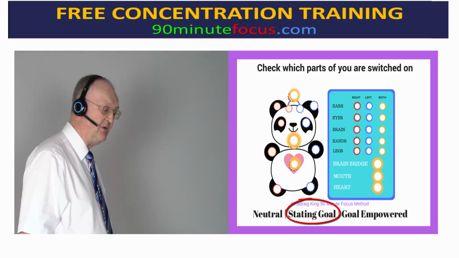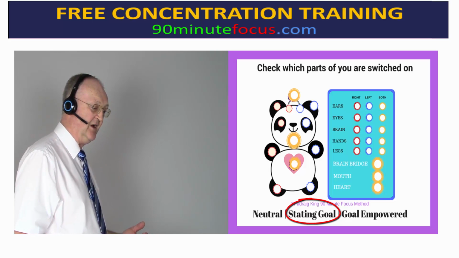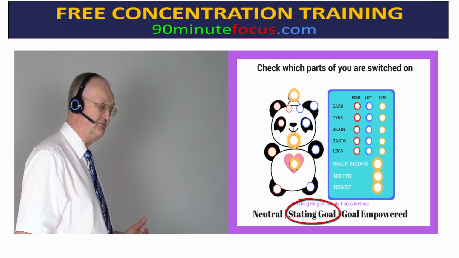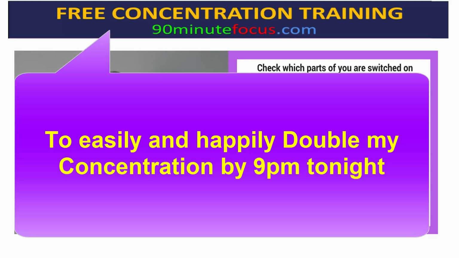But in spite of all these obstacles, I'm going to double my concentration by 9 p.m. this evening. If you can, I easily and happily double my concentration by 9 p.m. this evening in spite of any interruptions. And now I'm no longer going forward.